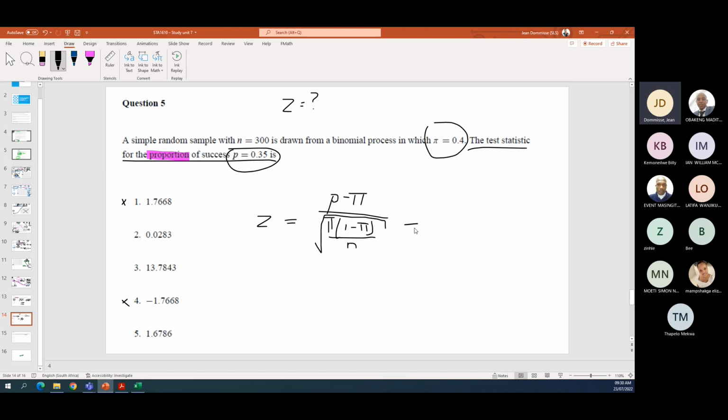Okay, so let's look at what we have. 0.35 minus 0.4. So at the top, we are going to have a negative 0.05. At the bottom, it is going to be positive. So negative divided by positive is a negative. That's the only one that's a negative. So that would have been our answer.